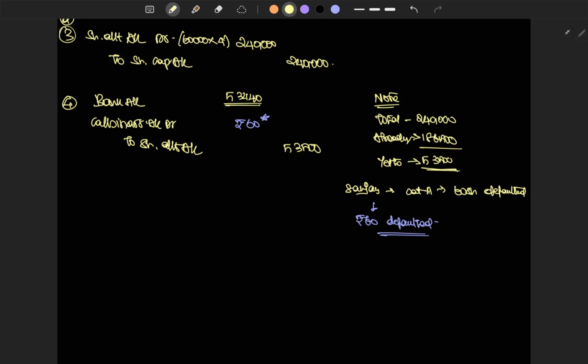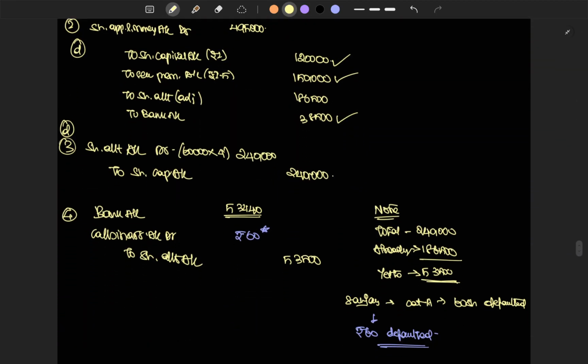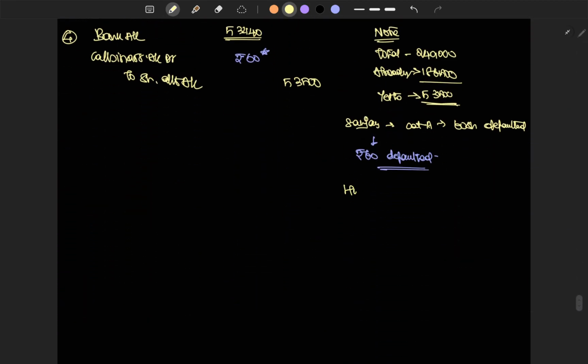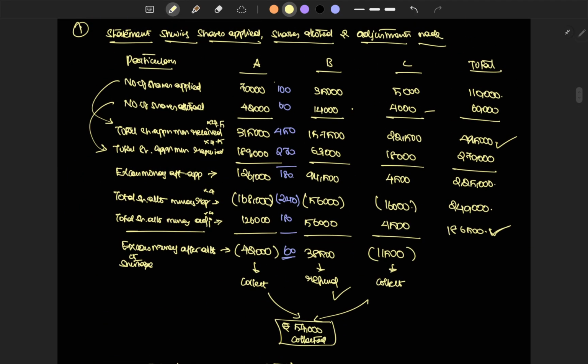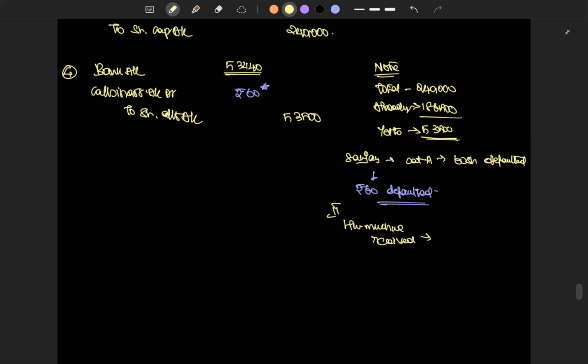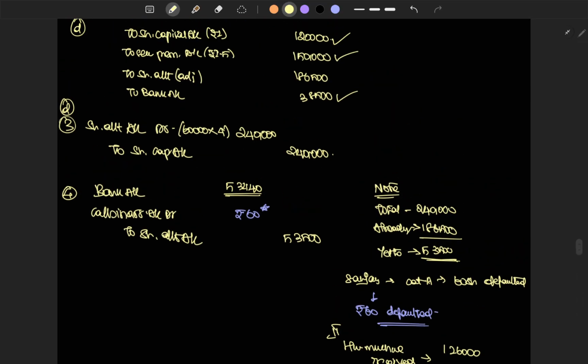This is one way. We can also find it out another way. Let's see how much he has paid, how much we received. Alternative 2 method. How much we received is rupees 1,26,000 as extra. Extra money received.